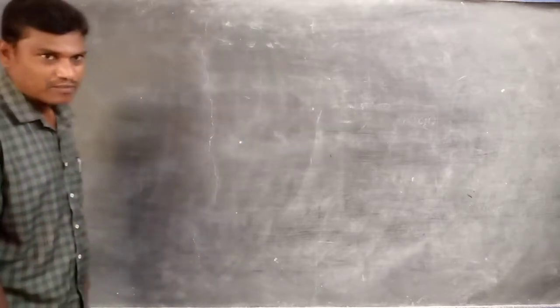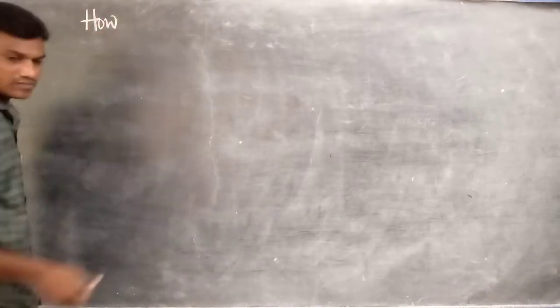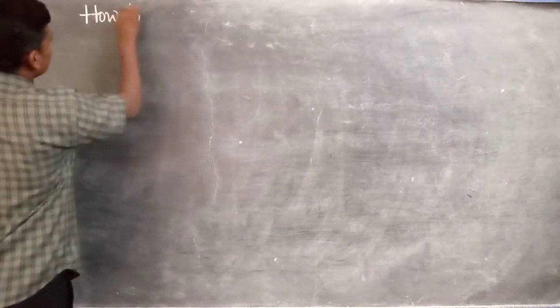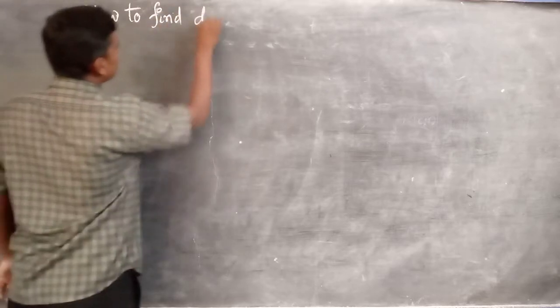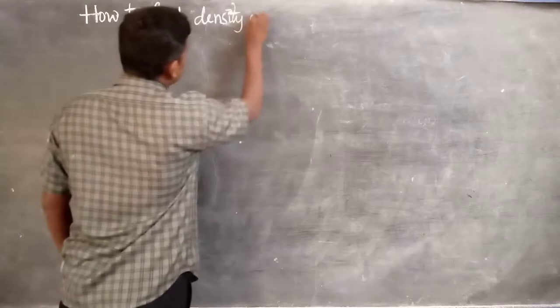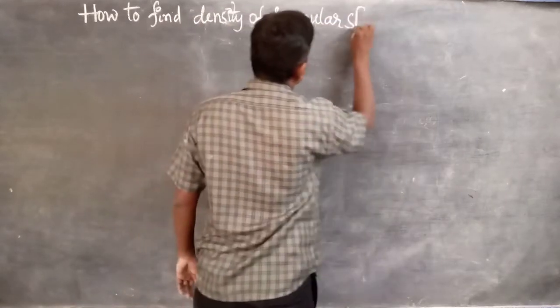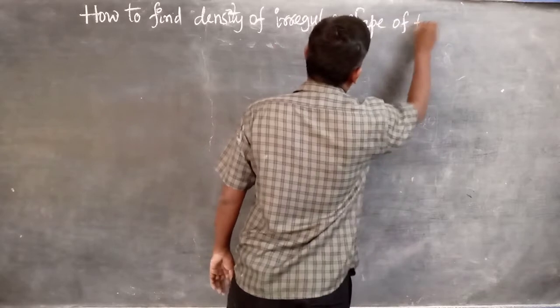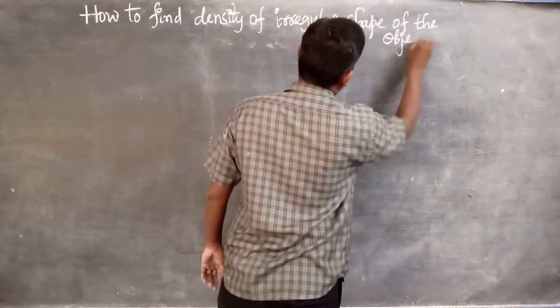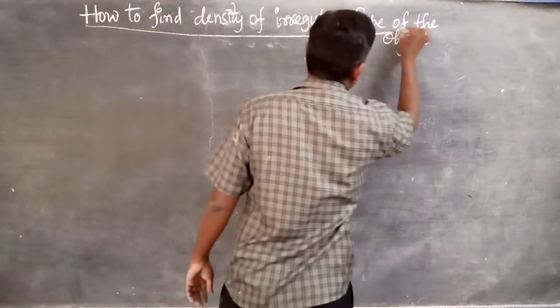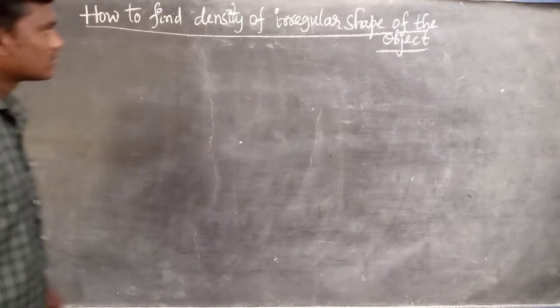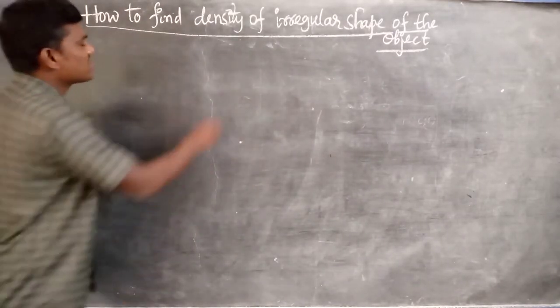Before going to relative density, we discussed how we can find the density of an irregular shape of object. So generally, what is the formula of density?